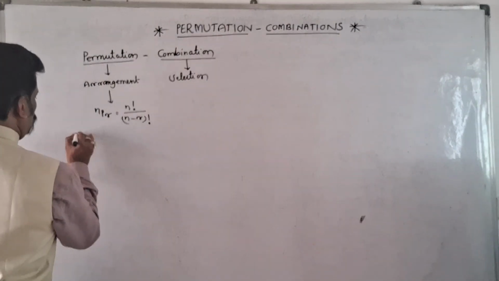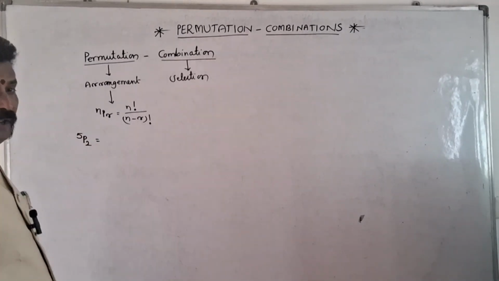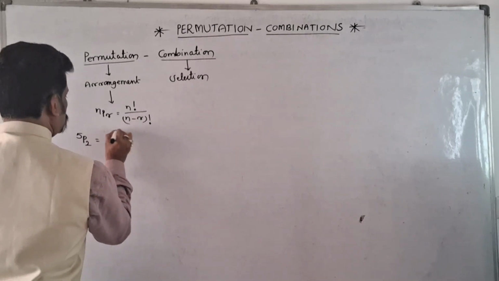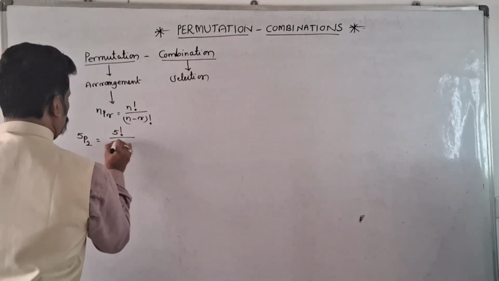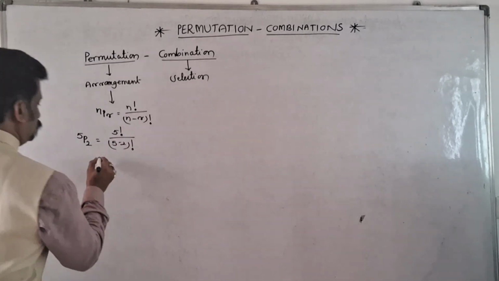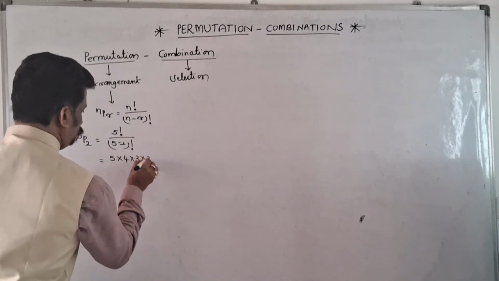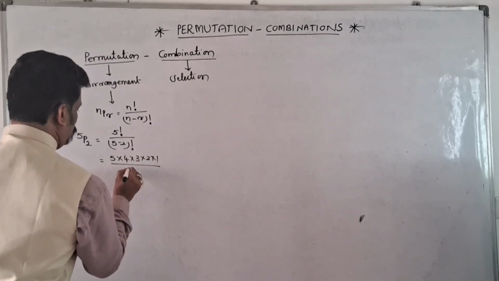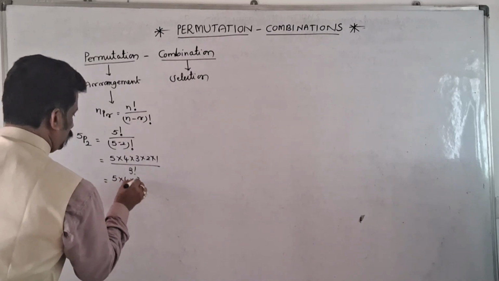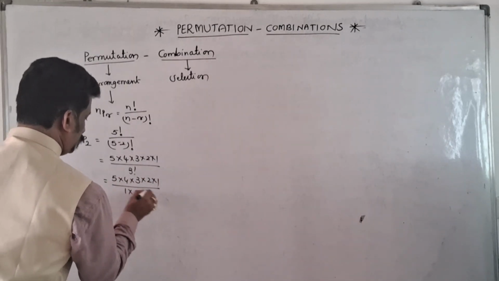Now suppose I consider 5P2. 5P2 is equal to, according to the mathematical definition, 5 factorial by 5 minus 2 factorial. So this is equal to 5 into 4 into 3 into 2 into 1 by 3 factorial, which is 5 into 4 into 3 into 2 into 1 by 1 into 2 into 3.